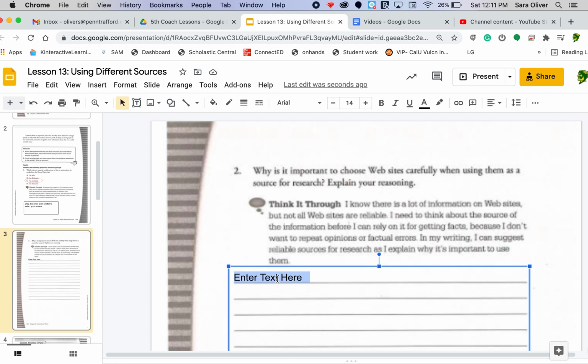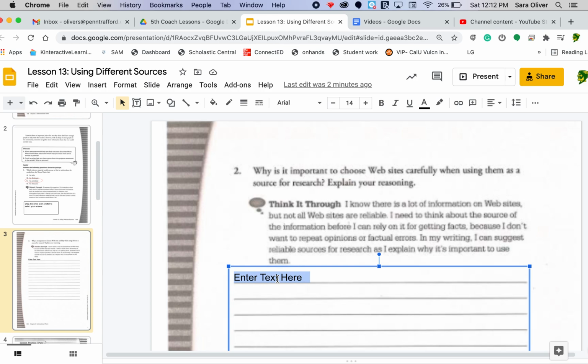So maybe for science, we would look at like National Geographic. Maybe if we were looking for the news, we might do like the New York Post. If we were looking for the weather, I might look at the Weather Channel. You want to make sure that you are picking a site that is known for having real information, factual information.